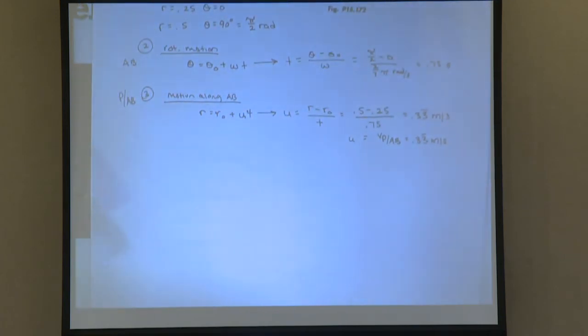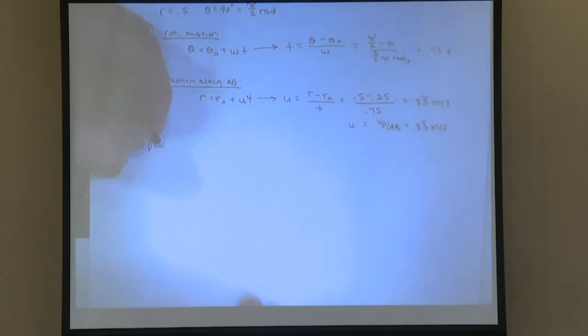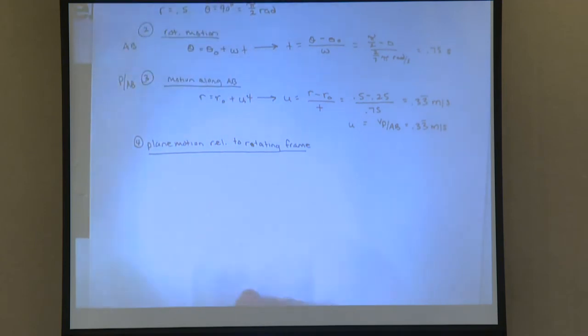And now we're getting into the fun stuff with the plane motion. So step 4, plane motion relative to rotating frame. I thought it was a little confusing how this was explained in class, but the way that I see it is you have a point P, and it's moving along something that's rotating.